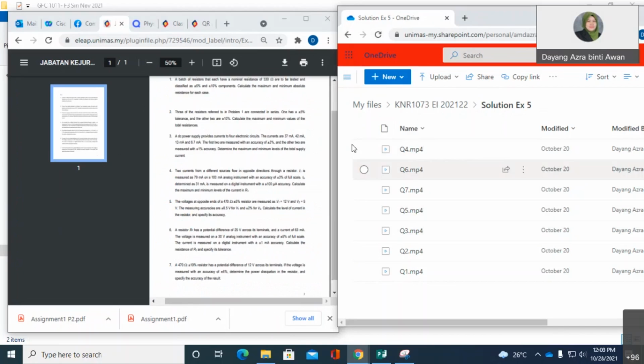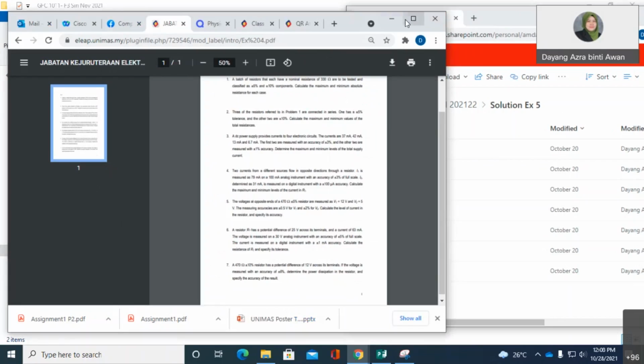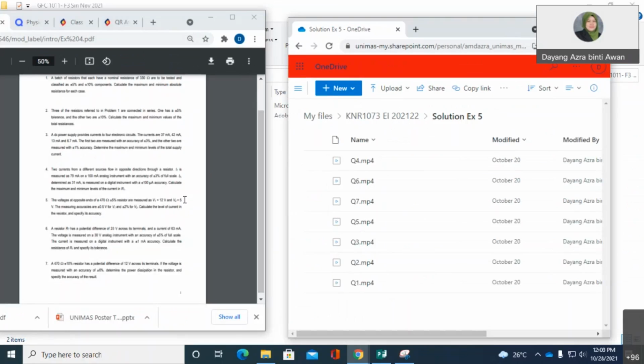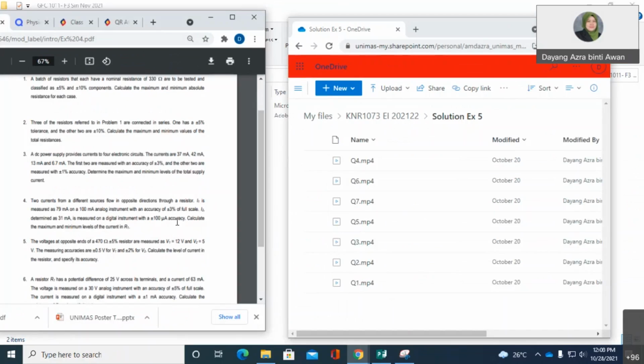Then we have question number 4. So two currents from opposite directions to a resistor, and then we have I1 measured as 79 milliamp on a 100 milliamp analog instrument, and we have accuracy of 3% of full scale.